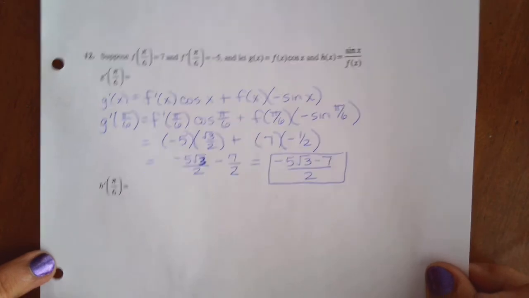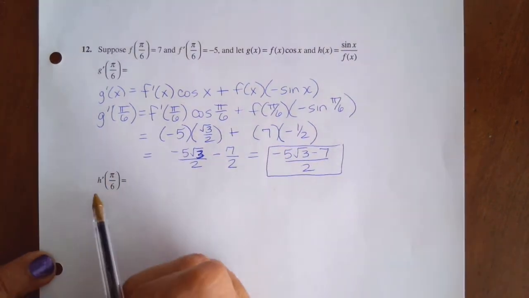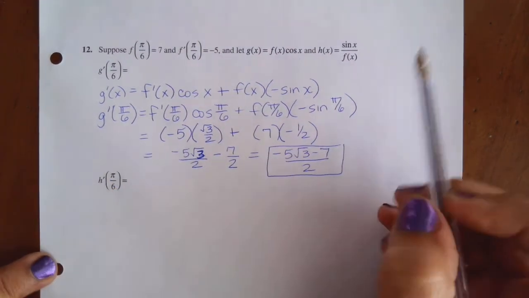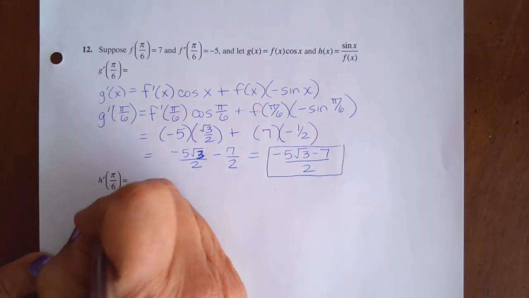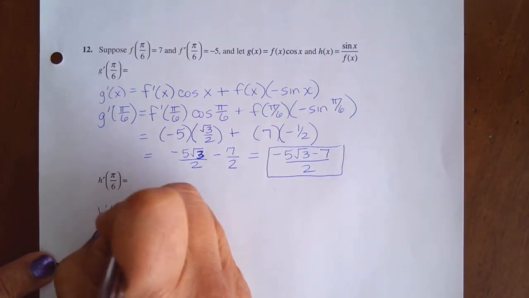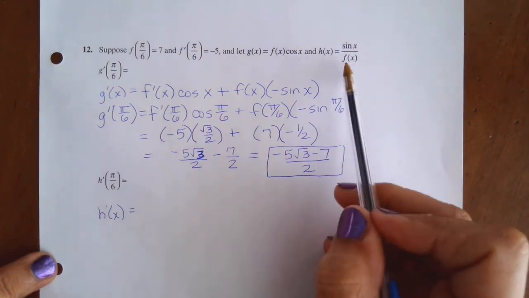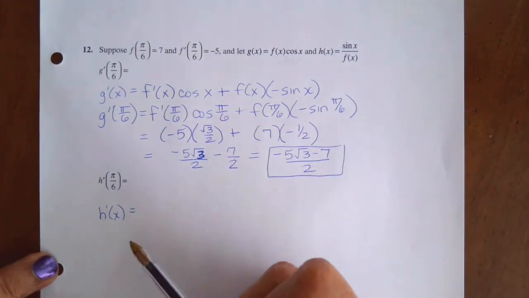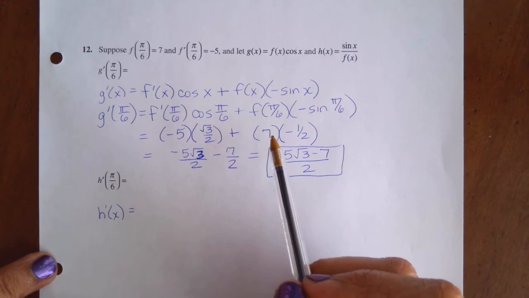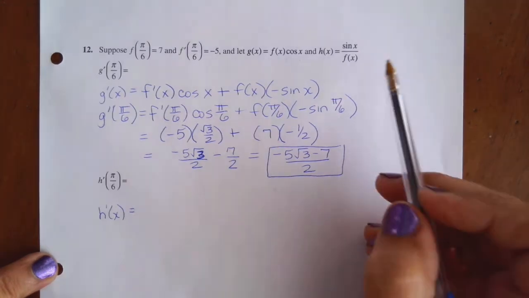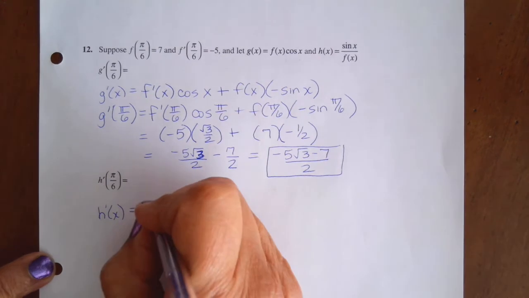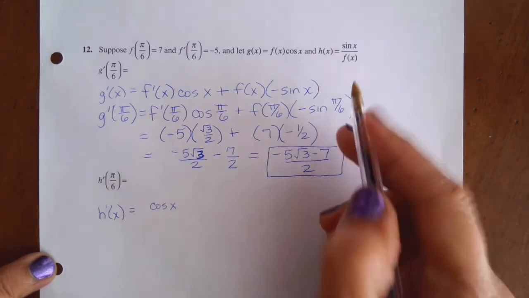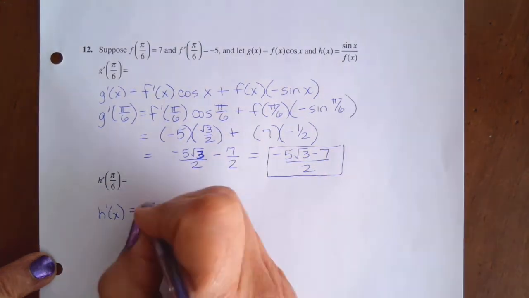All right, now, the next part says find h prime of pi over 6. Well, now we're doing the derivative of a quotient. So again, I would start with just h prime of x. So go ahead and do the quotient rule. Just use an x so it doesn't get so bogged down with the pi over 6's in it. So we're going to do the quotient rule. So we take the derivative of the top, which is the cosine of x, times the bottom.